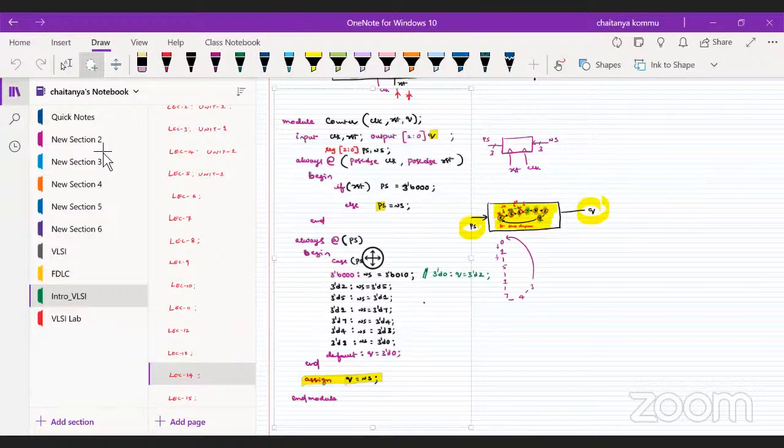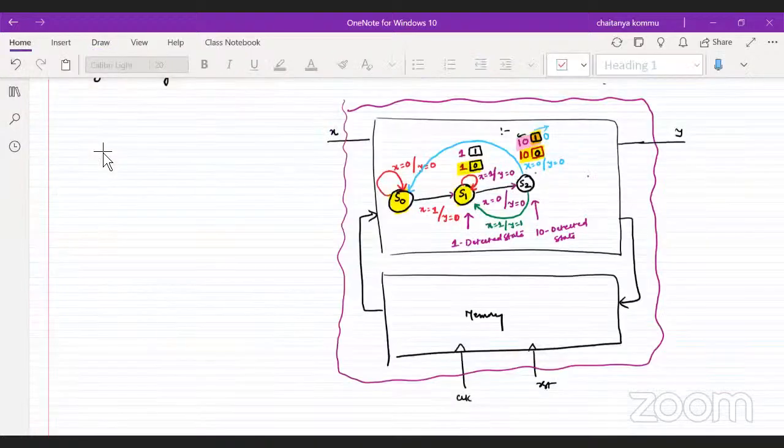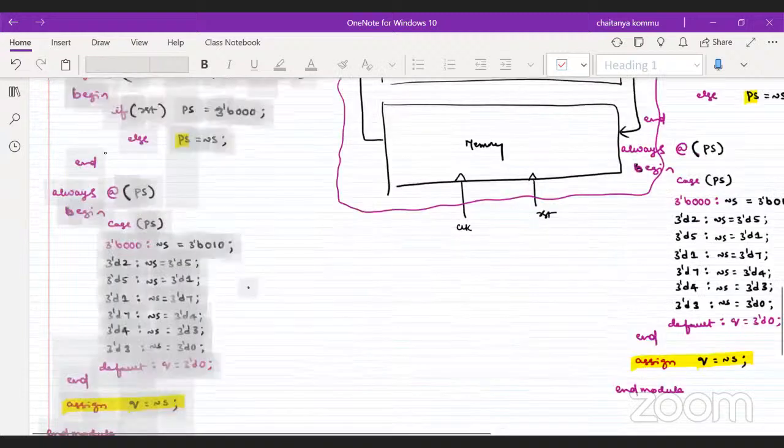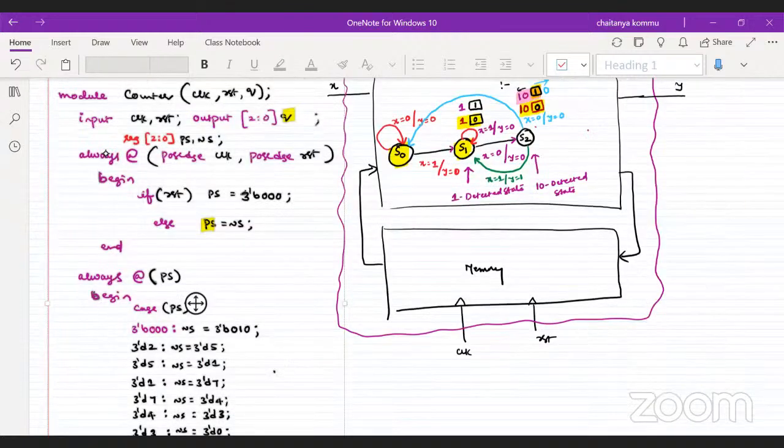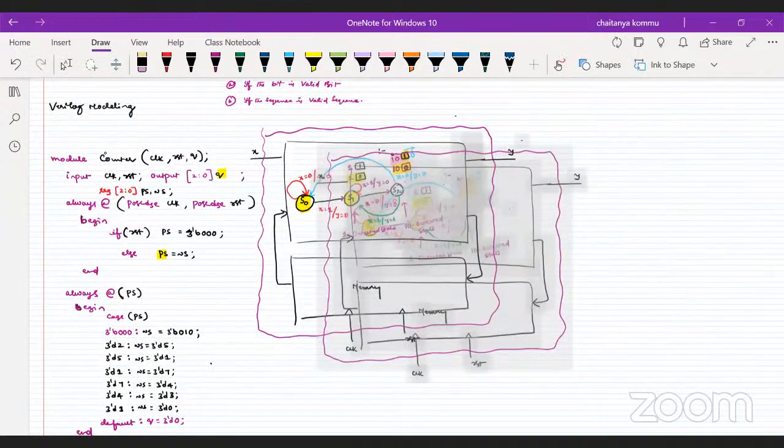What are the other things that we need to write here? Here it requires input also. It requires input X and output Y. The input I have to mention is called X. The output is Y, right?